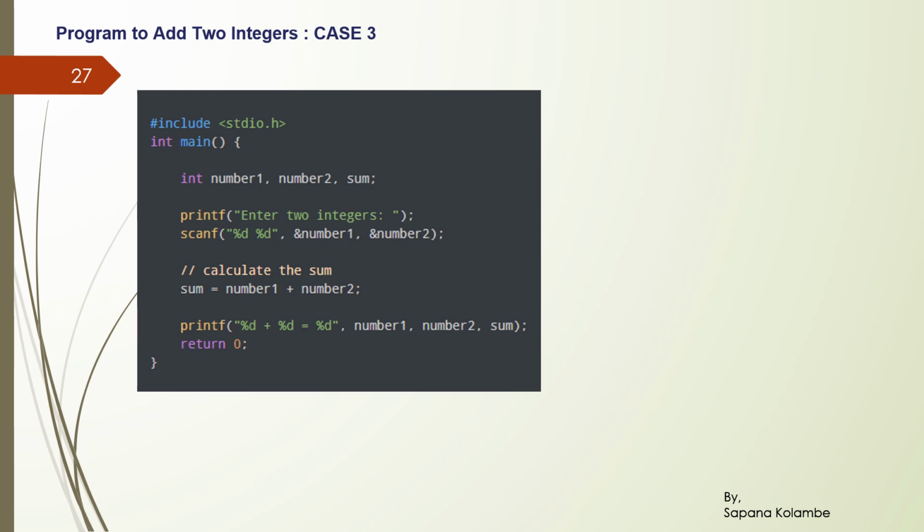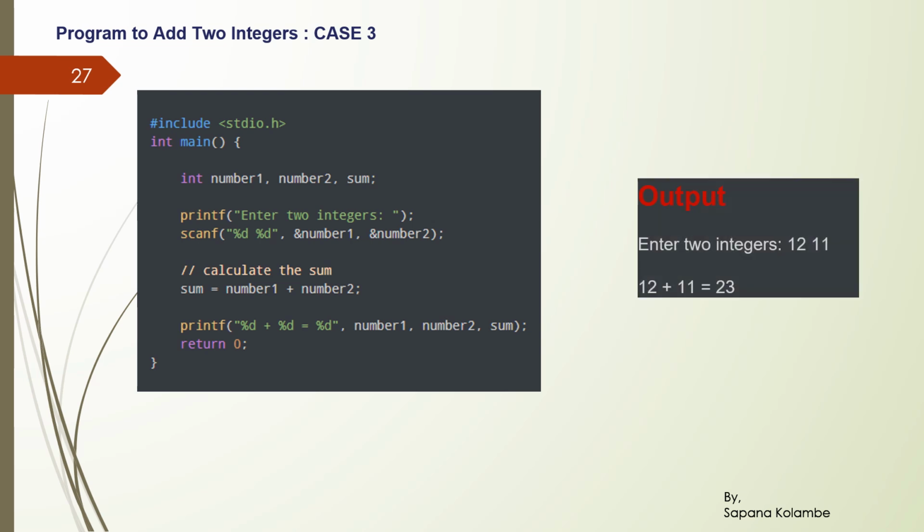We do the sum as usual, sum equal to number 1 plus number 2, and we print the result. So whenever the program is run, it will ask for two different integers. Enter two integers: you can enter any integers, say 12 and 11.